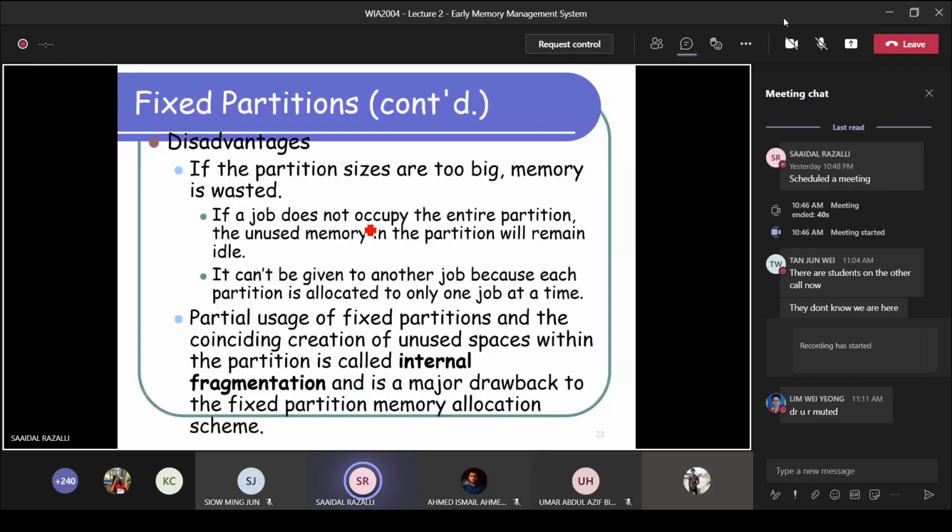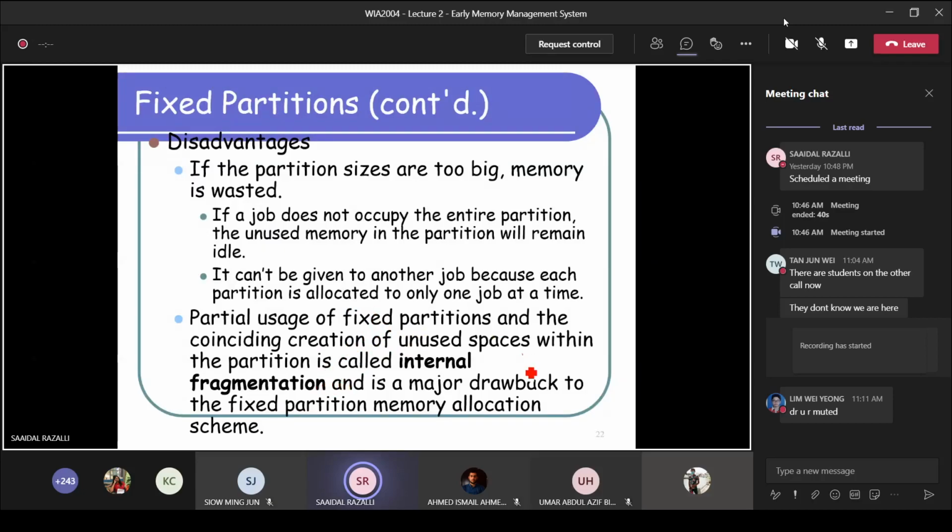If the partition sizes are too big, memory is wasted. If a job does not occupy the entire partition, the unused memory in the partition will remain idle. We call this internal fragmentation. It cannot be given to another job because each partition is allocated to only one job at a time. So the unused space within a fixed partition is called internal fragmentation.